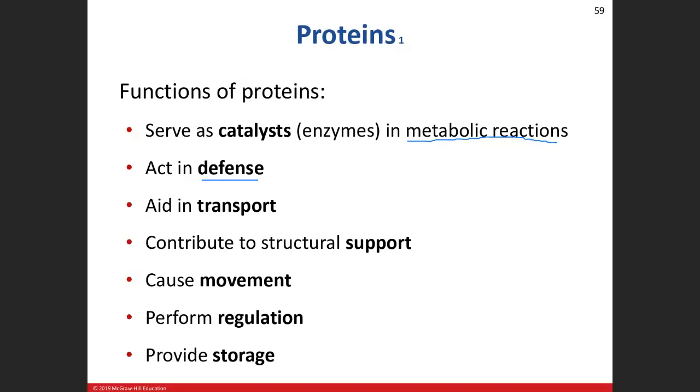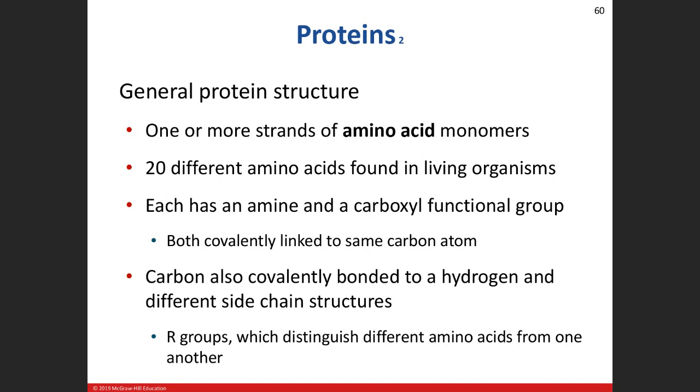When we synthesize proteins, they play a big role in what we call the cytoskeleton, for example, which is the individual cells actually have a skeleton inside, not made of bones, but made of proteins that help to offer support. Movement, regulation, and storage. We'll get into all these as we move along, but you just want to familiarize yourself with those different functions.